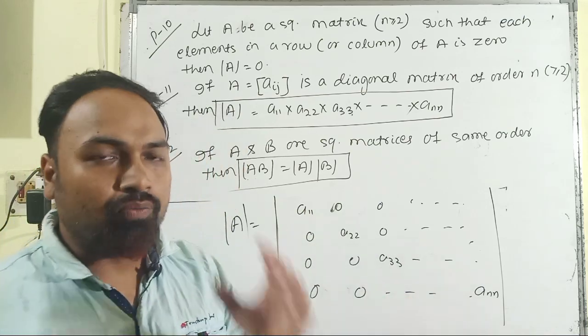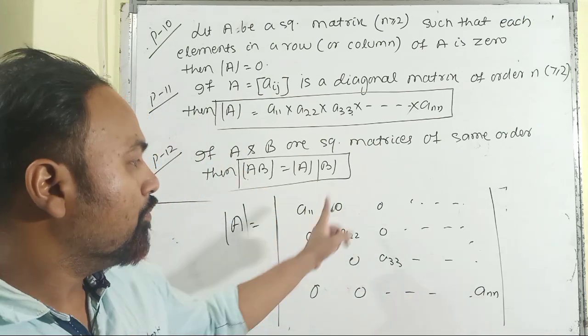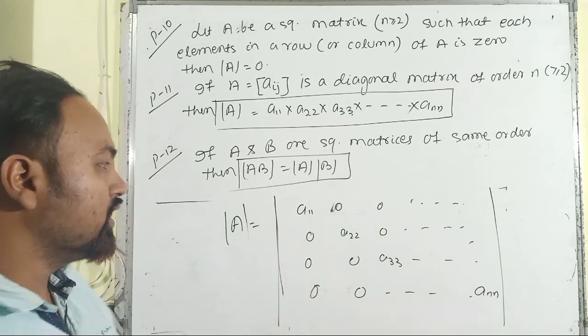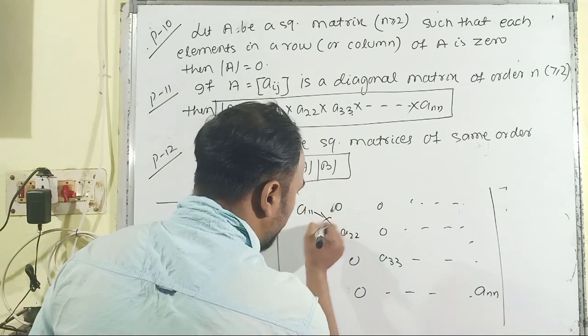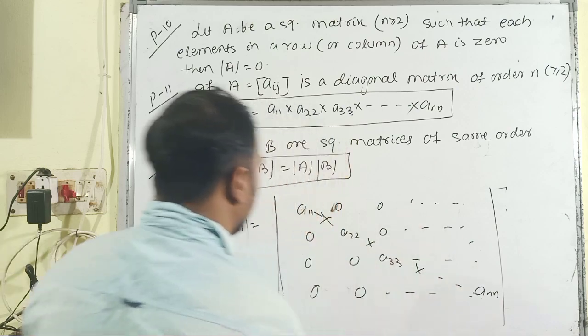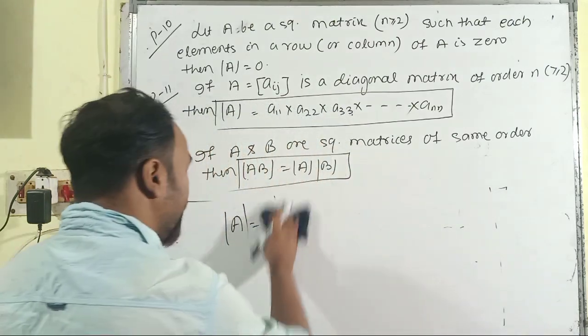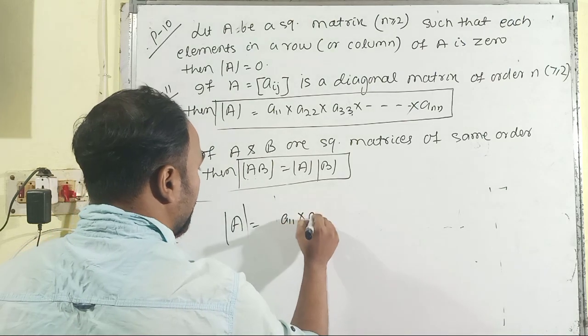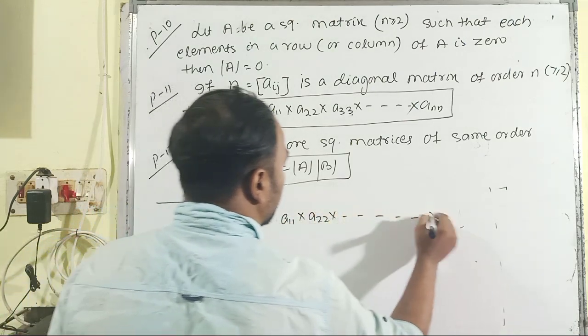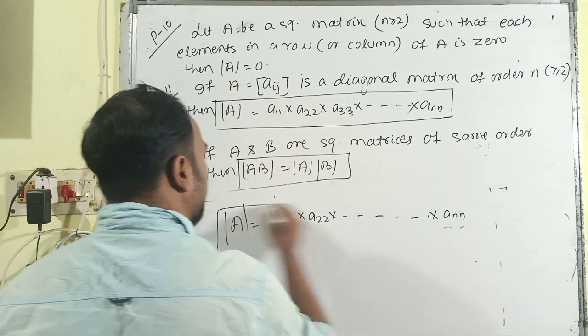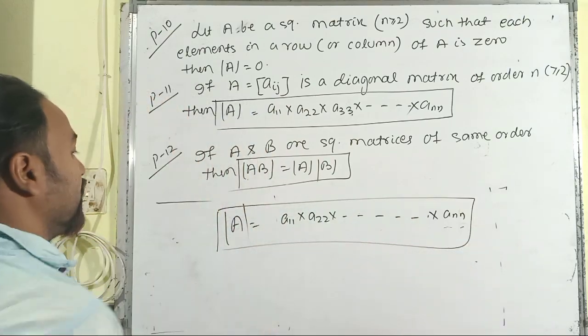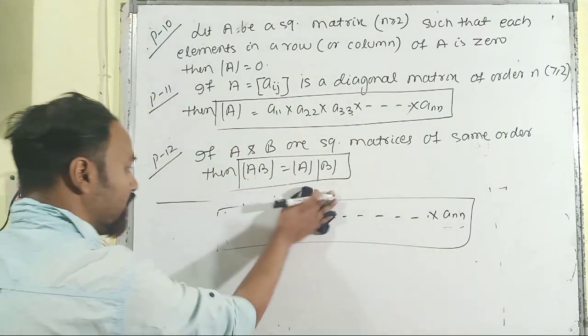That means you have to multiply all of the main diagonal elements, and that value is equal to the determinant of the given diagonal matrix A. So it is the resultant, and it is based upon property number 11 of this current video session.